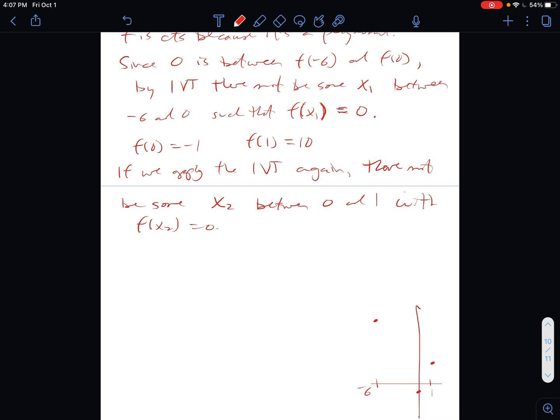So you can now say something like, we have observed that there are two values in the interval from negative 6 to 2 that satisfy the original equation.